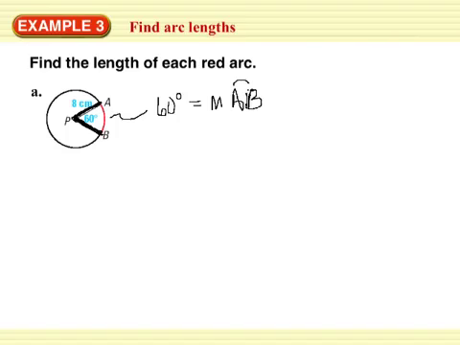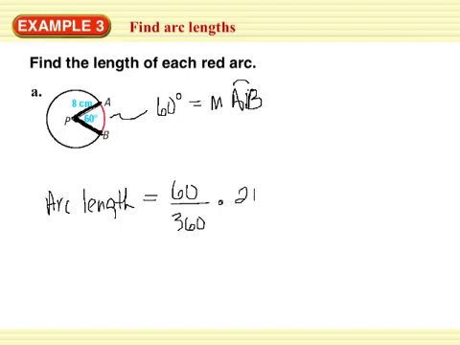Now let's use that corollary we just learned. So the arc length equals the measurement of the arc over 360 times 2 pi r, where r is 8.